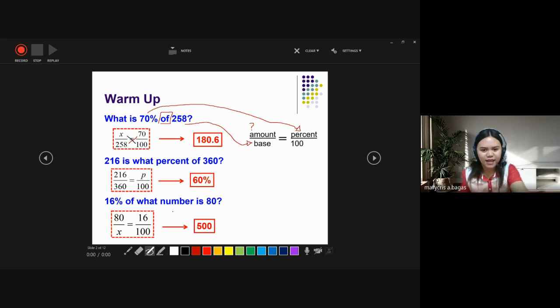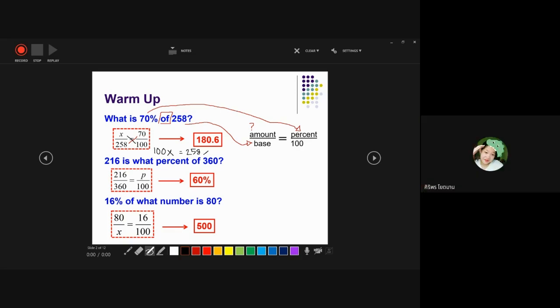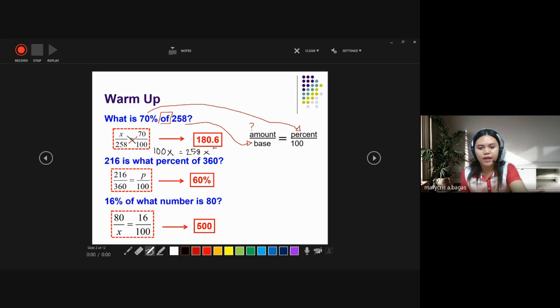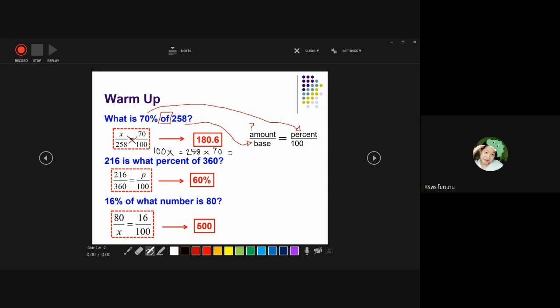Okay, so let's write here 100 times x. If you multiply 258 times 70, what is it? 18,060.